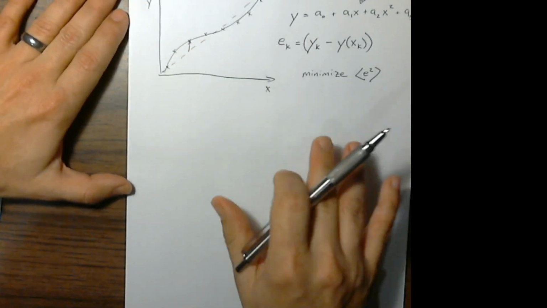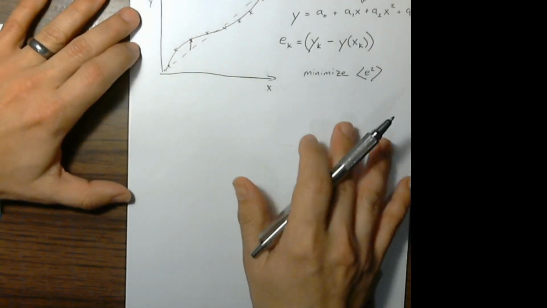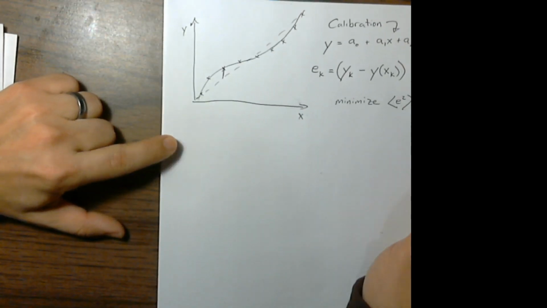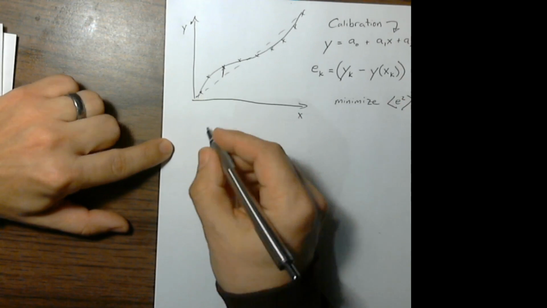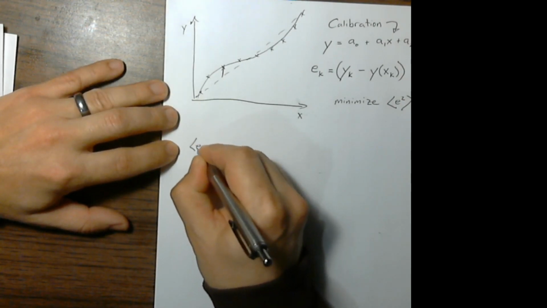All right, so in order to do that, let's start by actually writing the expected value for error squared.